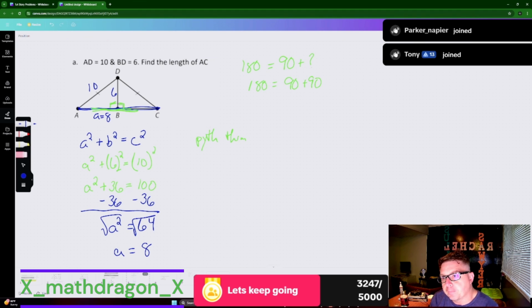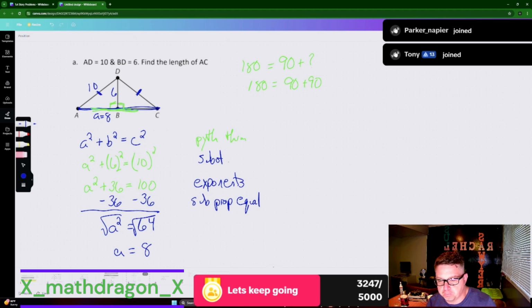Okay? So because of that, and we know that these are equidistant from each other, we can say, and let's do this, we can do substitution here. We just plugged our numbers in. We took care of our exponents. Then we did subtraction property of equality.